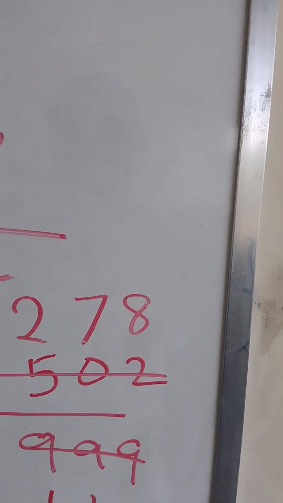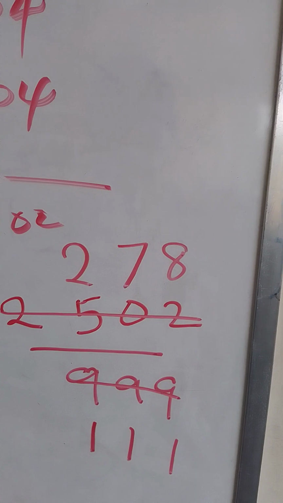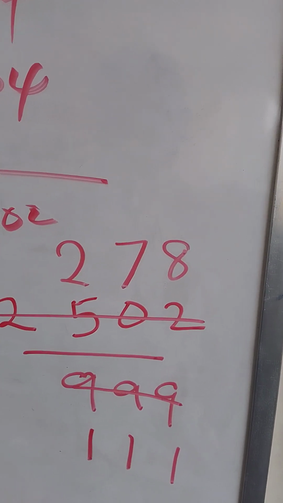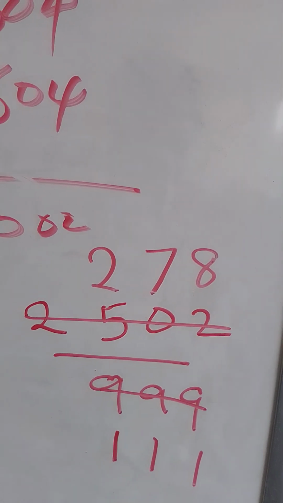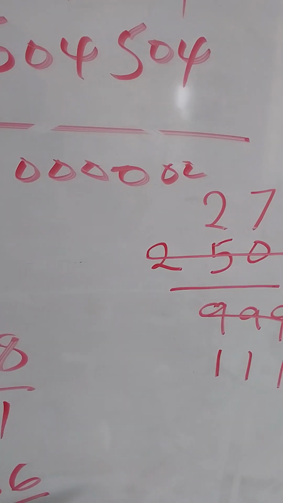So 2,502 divided by 999 will give us 278 over 111, and 278 over 111 is equal to 256 over 11.